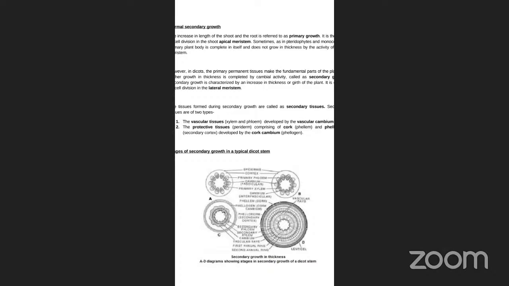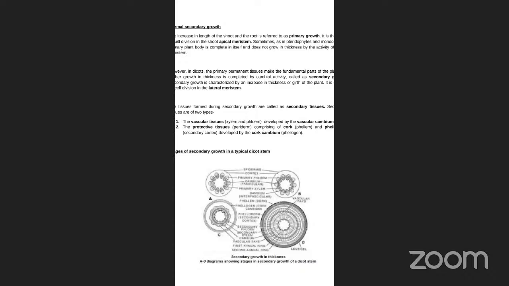In the young stem, vascular bundles are collateral and open type. These bundles show strips of cambium between xylem and phloem.